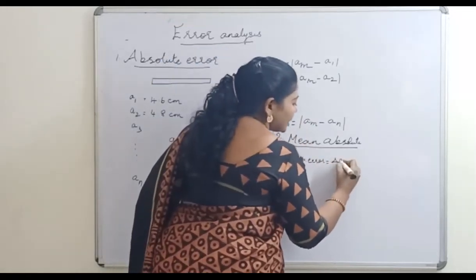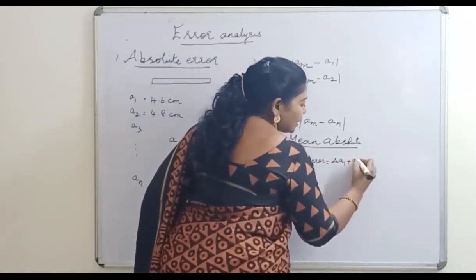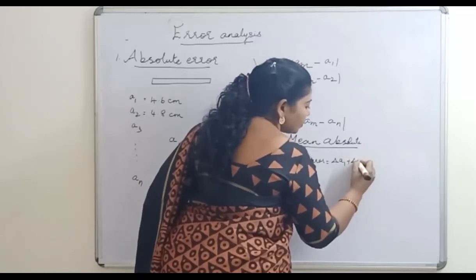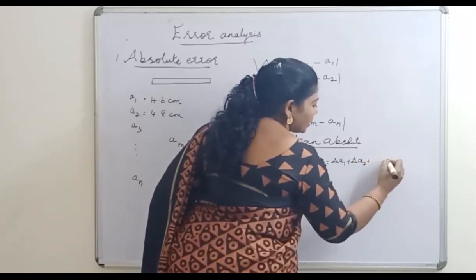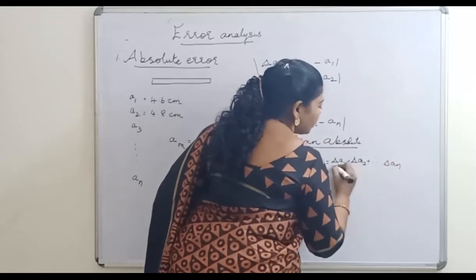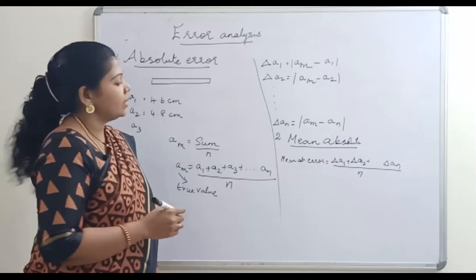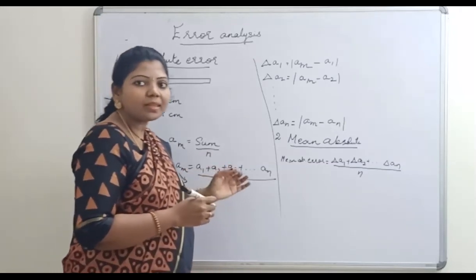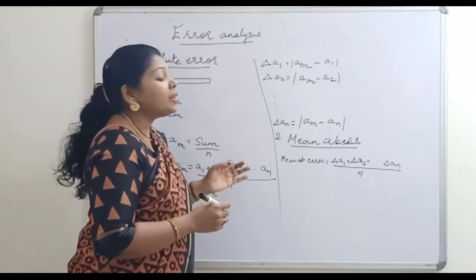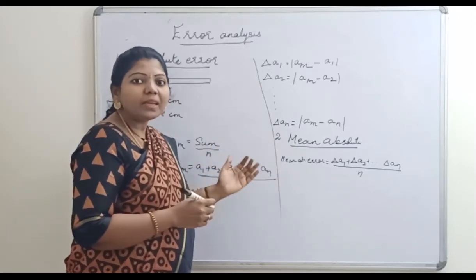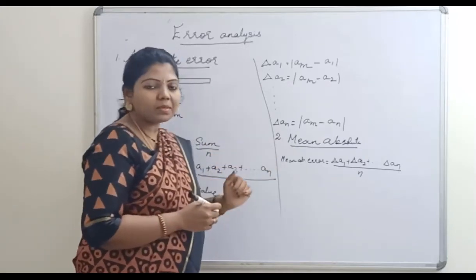So it is delta A1 plus delta A2 till delta AN by n. So this is called the mean absolute error. Mean of absolute errors is mean absolute error.